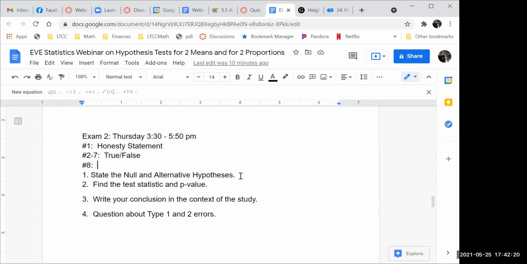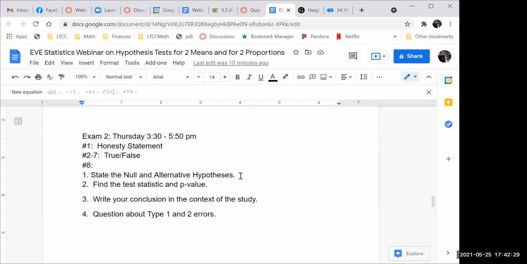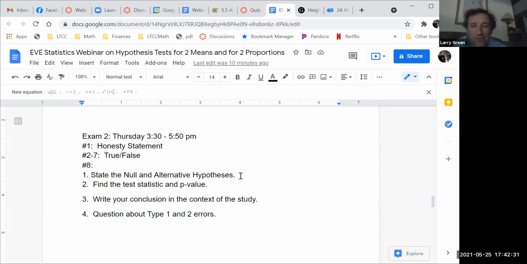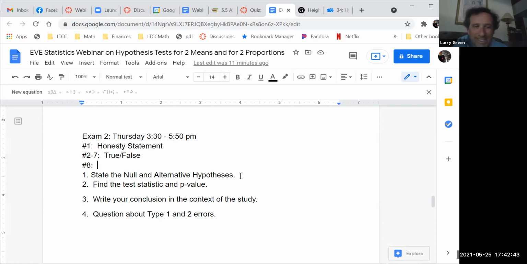Will we be marked down if we don't use a colon? Yep. Doesn't that seem a little pedantic? You know what? It's the same way, but you can be marked up if you have the symbols correct, even if you switch mu and p or something. Yep, you need to write down the way it's written down. Okay. Still, that seems a little. Okay. Well, it is what it is. It's the rules I'm making.